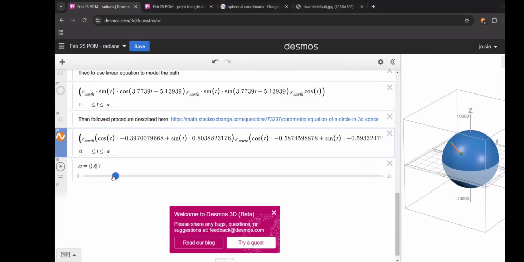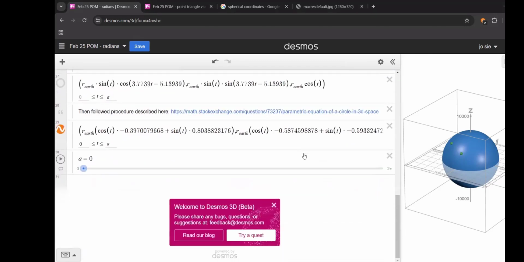But I needed to figure out, okay, where do I actually hit South Carolina? And you might notice that that should be whatever the angle is between the two of them. How I found that in this case was I just took my x coordinate and I set it equal to the x coordinate of South Carolina.